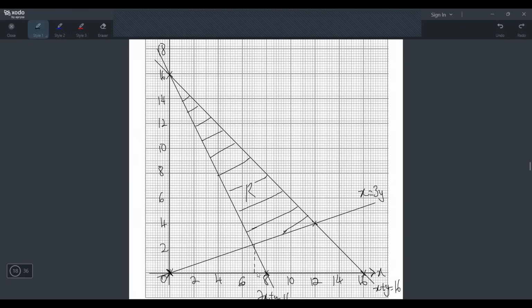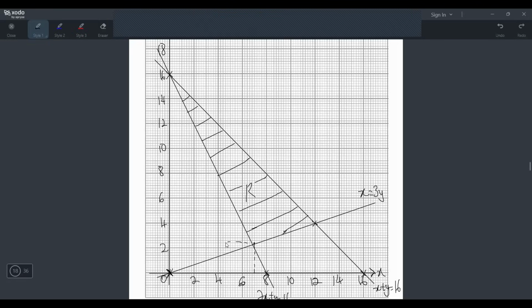Is this 7, 8, 9, 7, 3, 4? Okay, this is 7. This is 7. But the answer will be here, right?